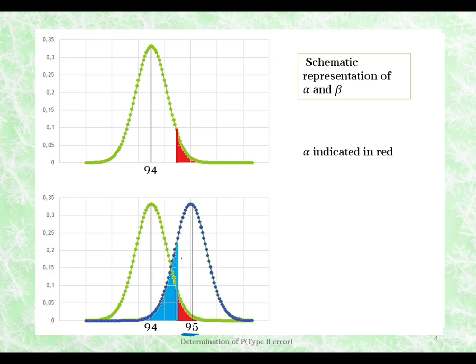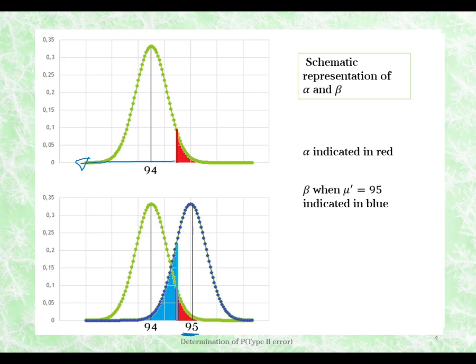Beta is the probability of not rejecting the null. If we look at this first sketch, with the distribution centered around 94, that will be the area to the left of this critical value.